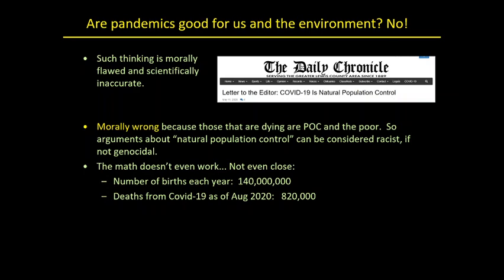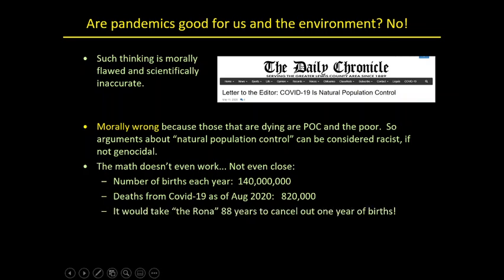So that's 6 months. Double that and you're looking at 1.6 million during a year if we continue at the current rate. If that's true, then it would take the Rona 88 years to cancel out 1 year of births on the planet. So the math doesn't even work here and doesn't even come close.